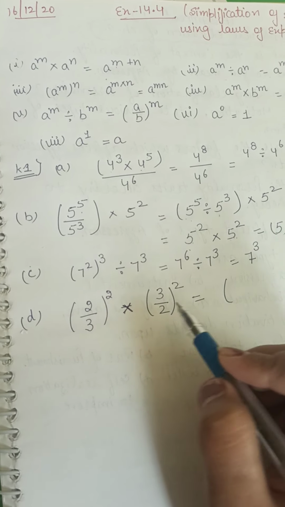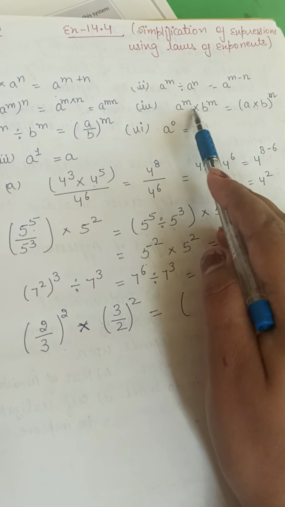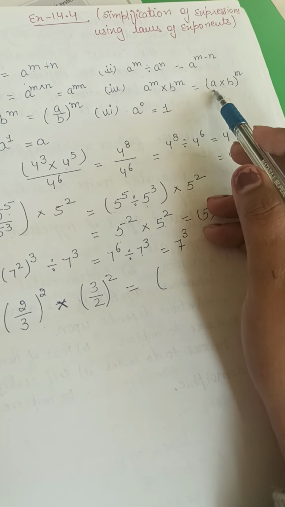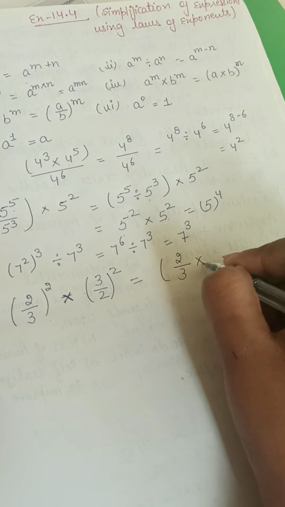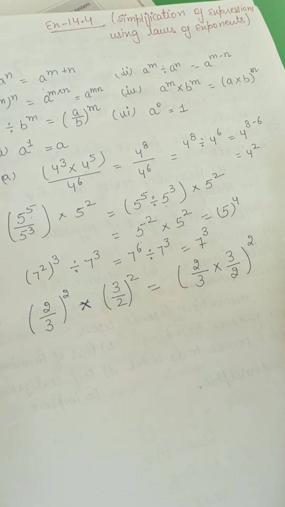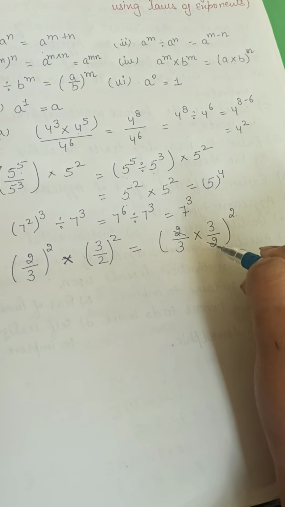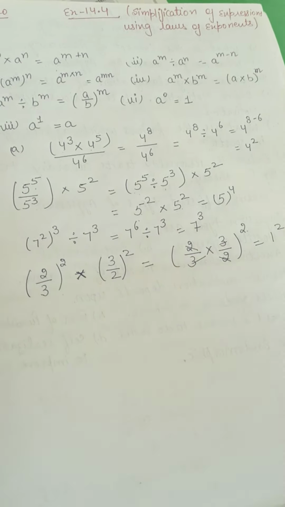See, here the base is different but powers are the same, like a to the power m, b to the power n. So we can apply the fourth law here. So it is 2 by 3 multiplied by 3 by 2, whole to the power 2. Because here powers are the same, bases are different. It can be cancelled and it will be 1 to the power 2, which equals 1.